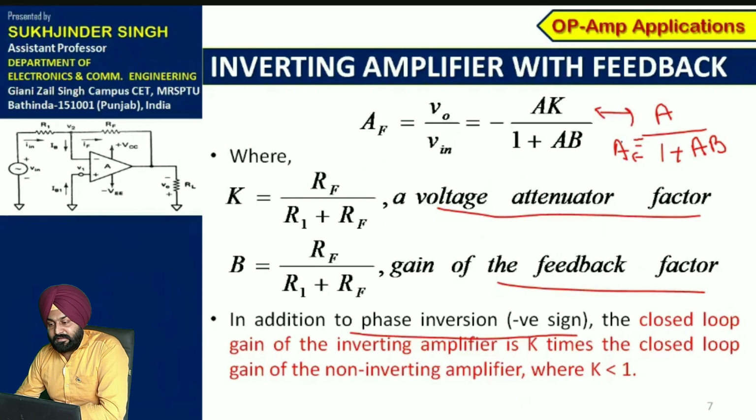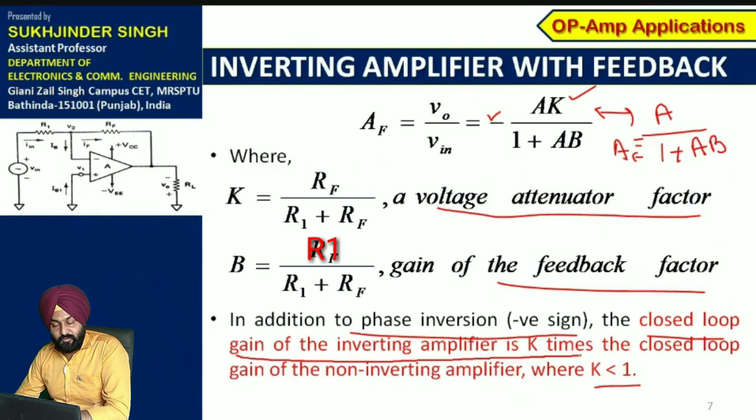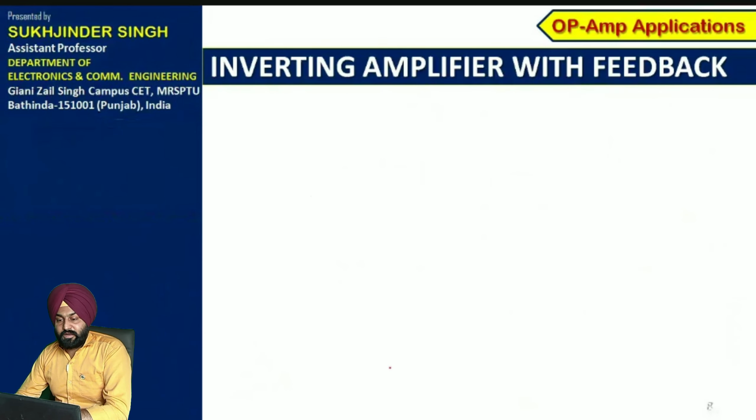So you can compare these two expressions. There is a negative sign, another term is K, where K is less than 1. So we can say the closed loop gain of the inverting amplifier is K times the closed loop gain of the non-inverting amplifier.